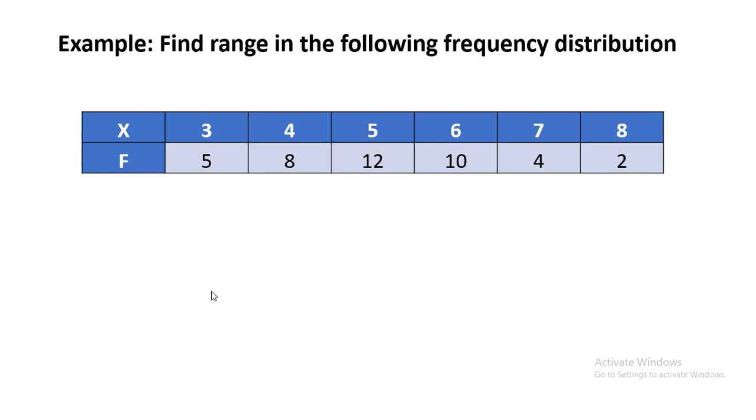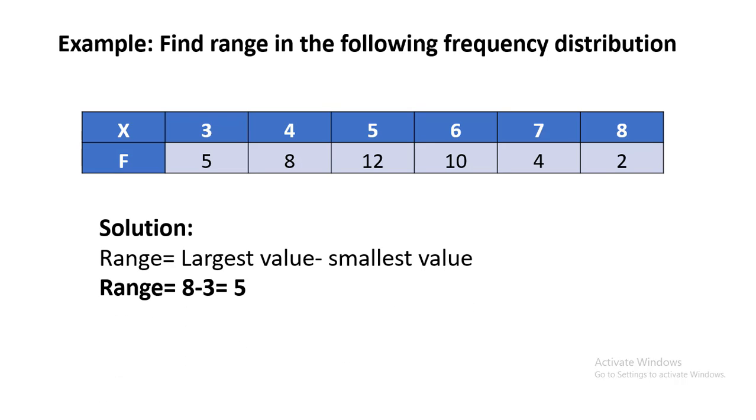The definition of range is pretty clear, that it is the difference of the maximum observation and the minimum observation. In this table, x means the observational values, right? These are all observation values: 3, 4, 5, 6, 7 and 8. So the maximum observation is 8 and the minimum observation is 3. The difference of these two numbers, 8 minus 3, is 5, and that is my range.